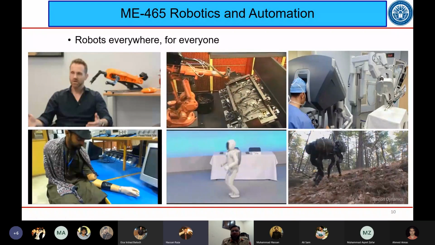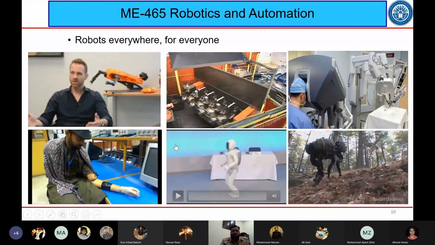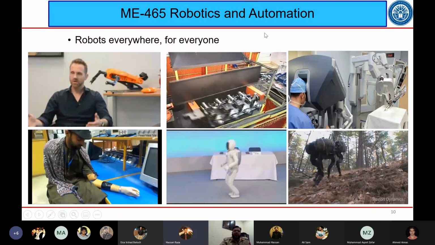So this is the manipulator which you can see, and it is carrying out welding. Sir, I wanted to confirm whether my slide is stuck or it is showing like this for everyone. At the moment I have a slide in which "robots everywhere for everyone" is written. Can you see that slide?